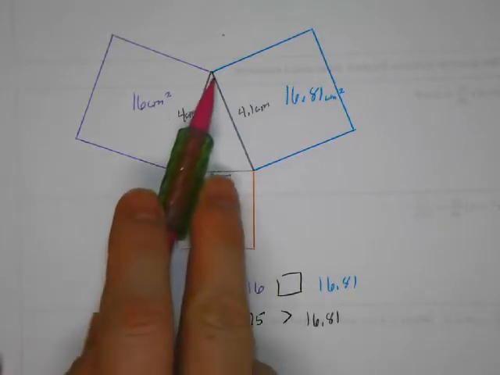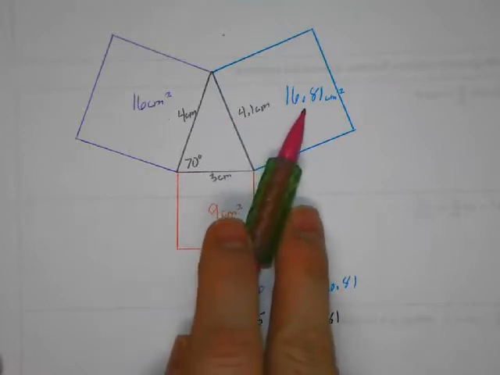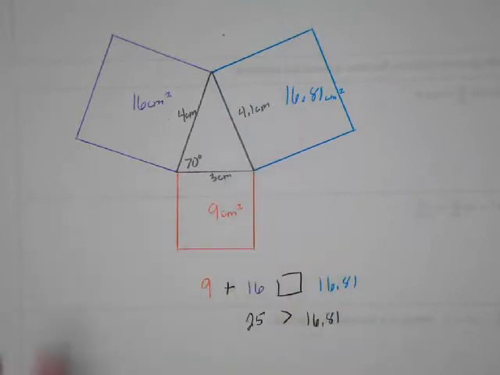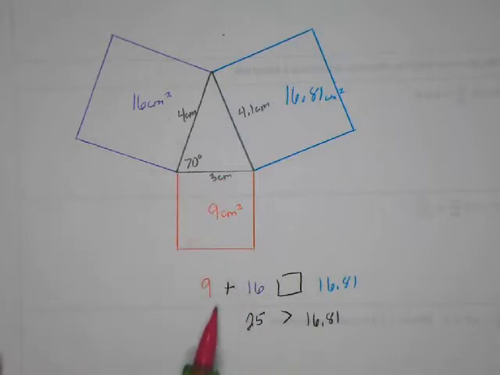When I measured the third side, I got about 4.1 centimeters, giving me about 16.81 centimeters squared. Because I'm keeping these two sides consistent, I still know that one side squared is still 9 and the other side squared is still 16. But in this case, the third side squared was about 16.81.